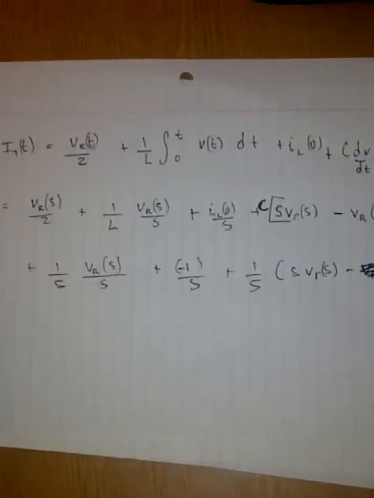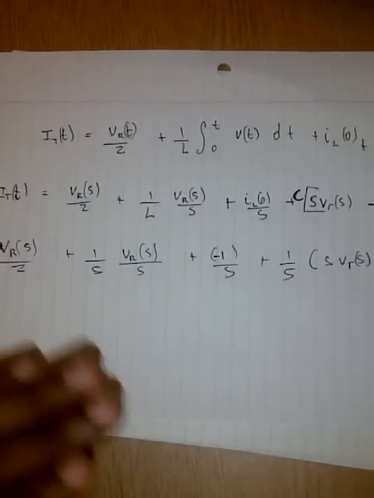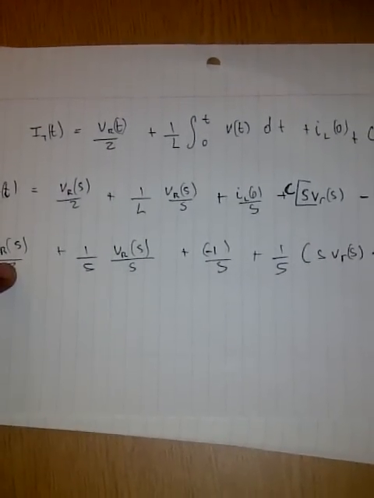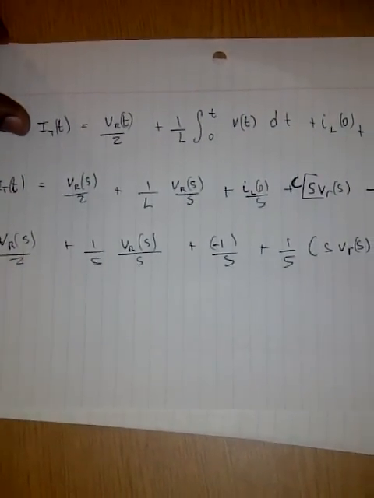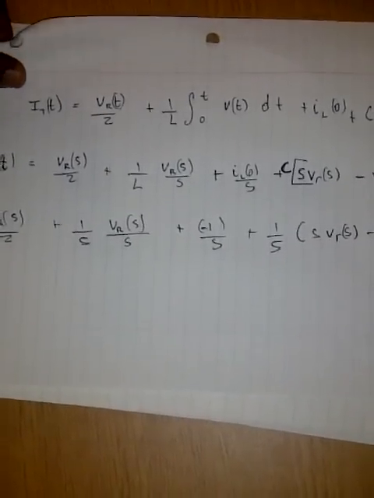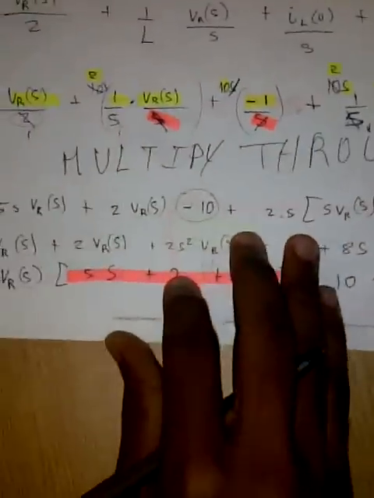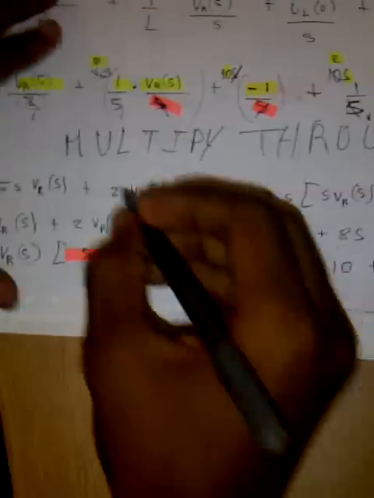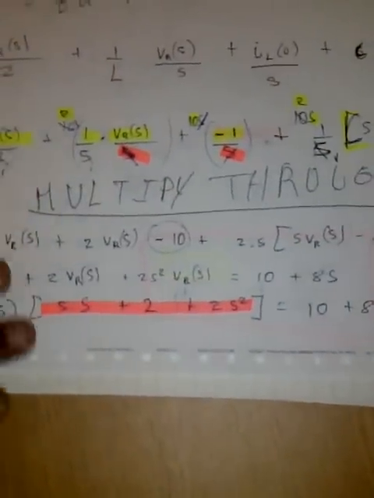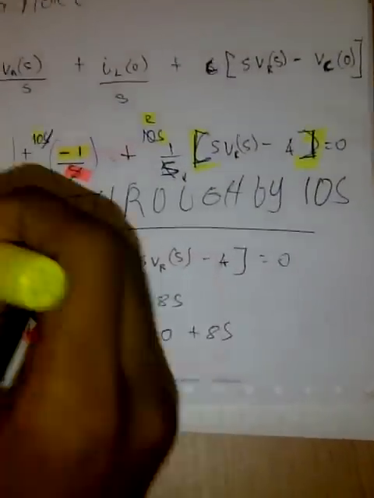This is 2, so we can't multiply by 5s because we'd still have that 2 down there, so we multiply through by 10s, which gives us this equation right here.